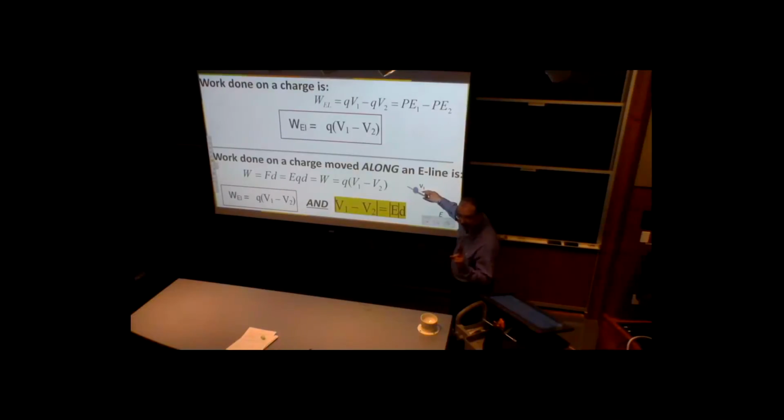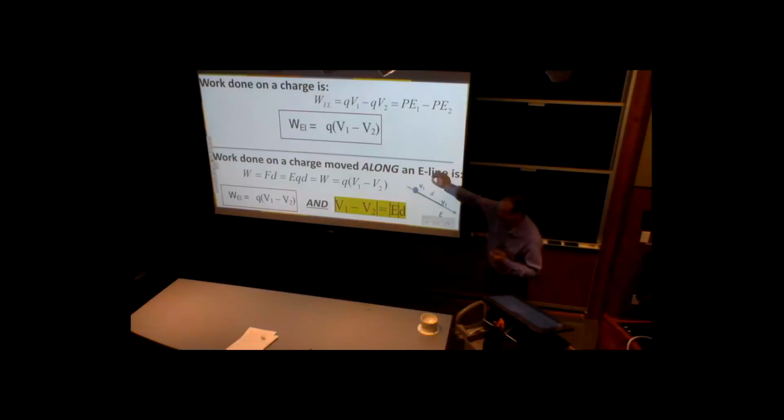We just must remember that, first, both points should lie on the same line, not on different lines. And, well, I'm going to go through this tomorrow again, but electric field lines always point from a higher potential to a lower potential.